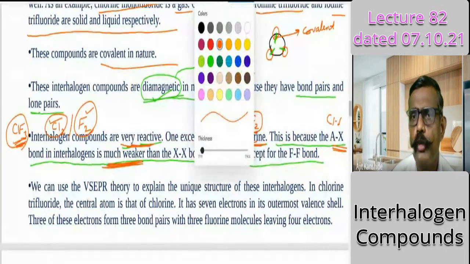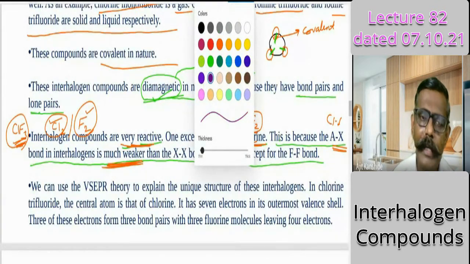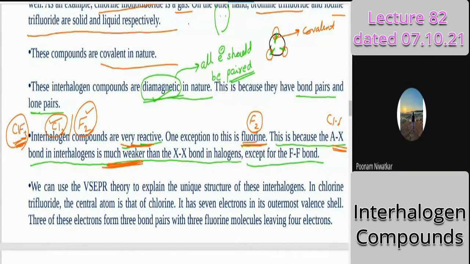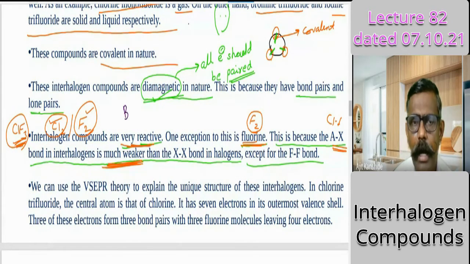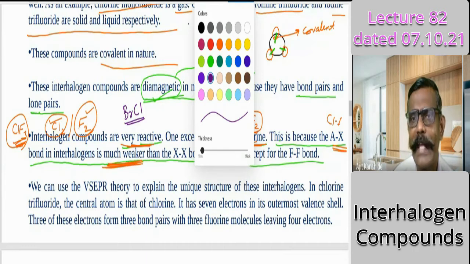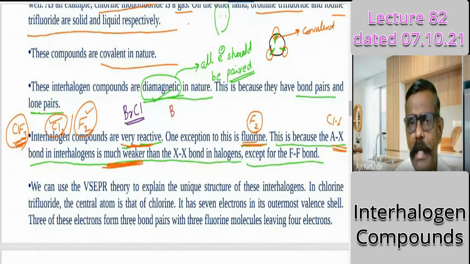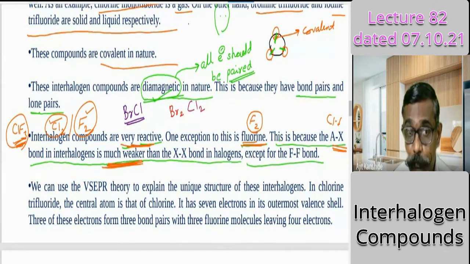Interhalogen compound. Give me any example of an interhalogen compound. BrCl. Yes, BrCl. This interhalogen compound is obtained from which two gases? One is bromine, Br2, and the other is chlorine, Cl2. What is found?